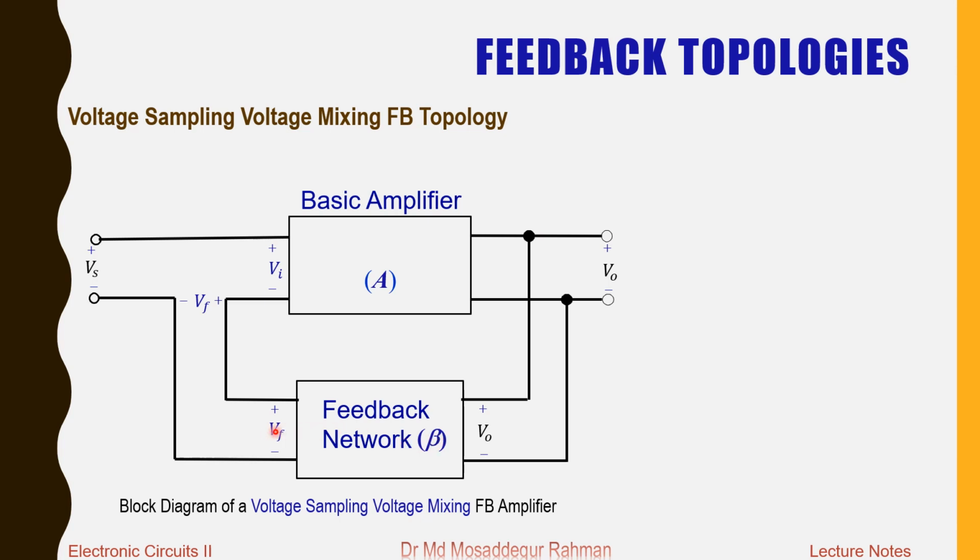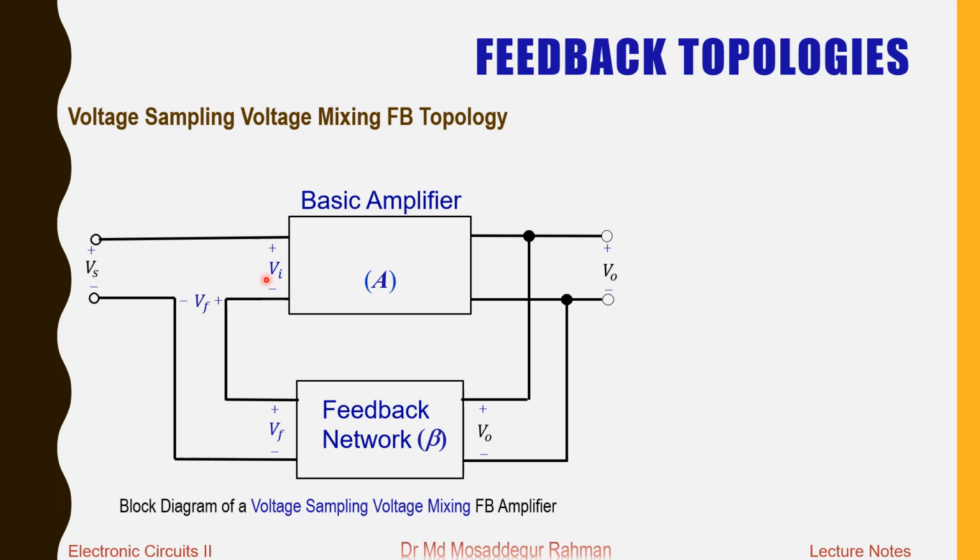The feedback network is producing a proportional voltage which we call the feedback voltage denoted by Vf, and see the connection at the input side, and also the polarity of Vf with positive on this side, negative on this side, so that the Vf is subtracted from the source voltage Vs, and the difference is applied to the input of the basic amplifier.